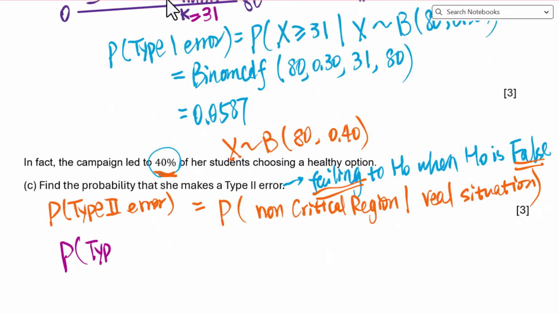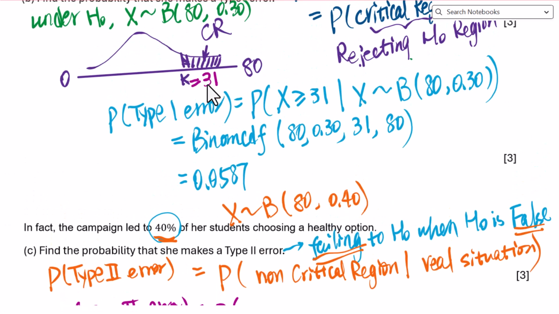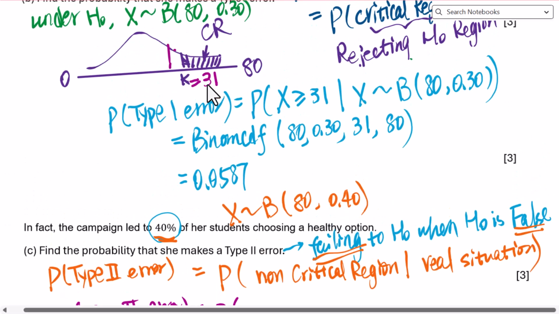Probability of type 2 error equals probability of non-critical region. This is discrete data, so this one is 30.